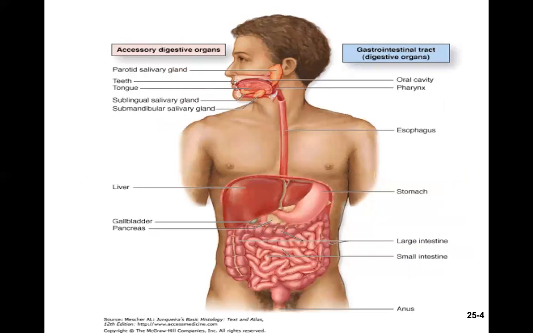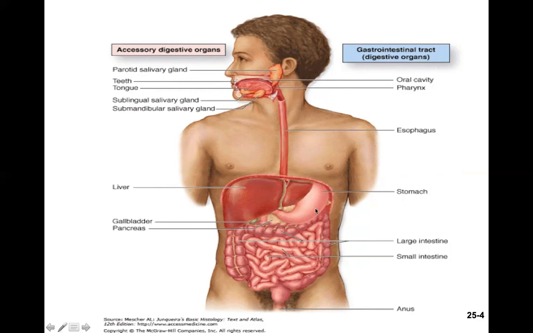One thing I do want you to note here, you have two different sides. On the left side it says accessory digestive organs, and on the right side it says digestive organs. The main organs of your digestive tract are the ones listed on the right side. It starts with your oral cavity. Your pharynx is basically your throat. Your esophagus is the tube that connects your mouth to your stomach. You have the stomach here.